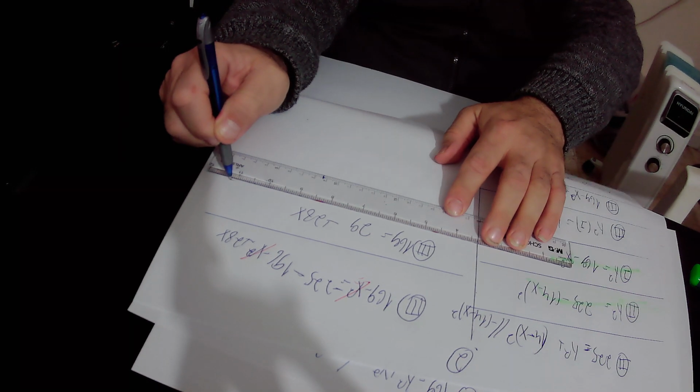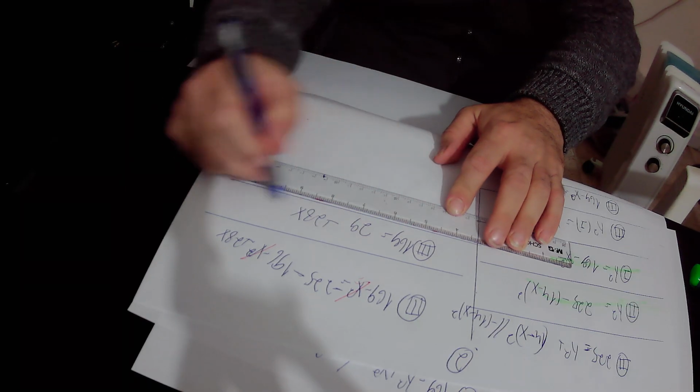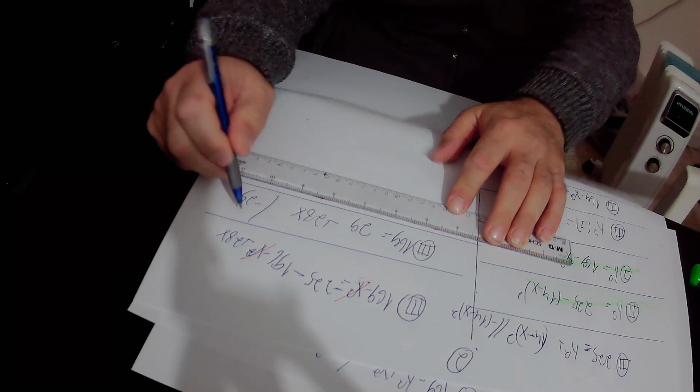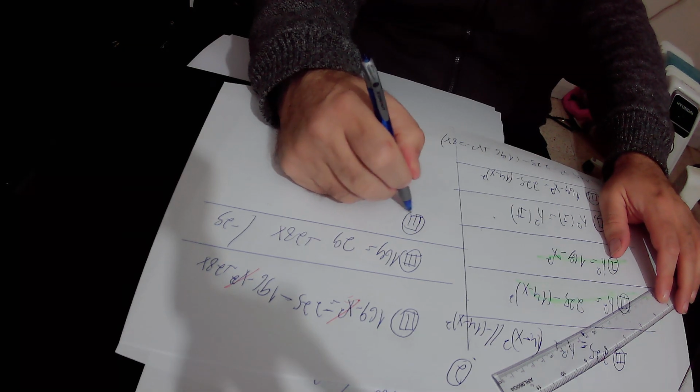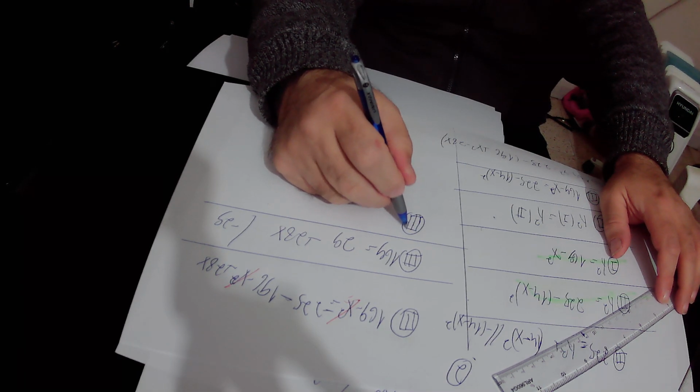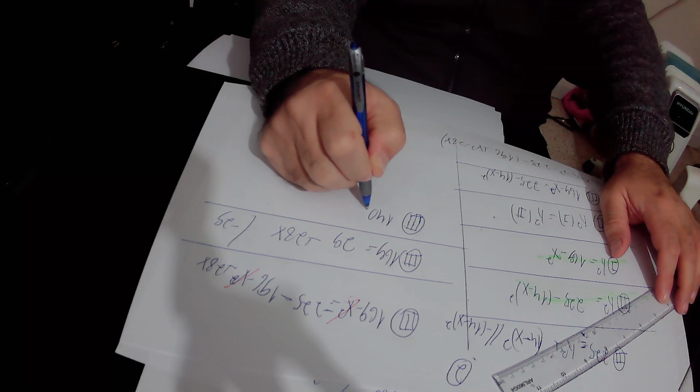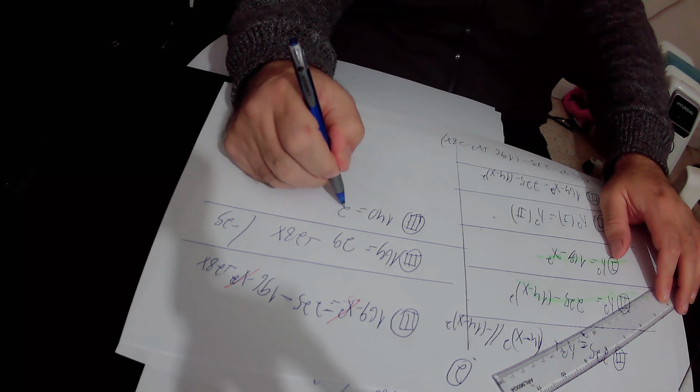So here we will subtract 29 from equation number 3, and we get 169 minus 29 is 140, and it equals 28x.